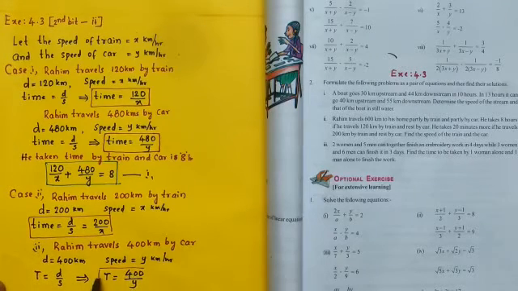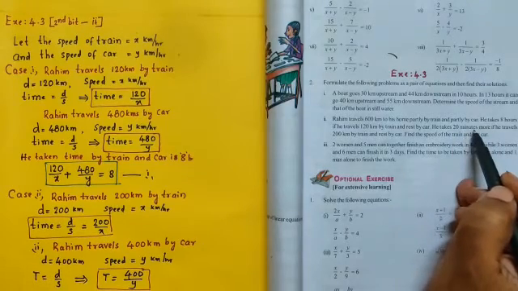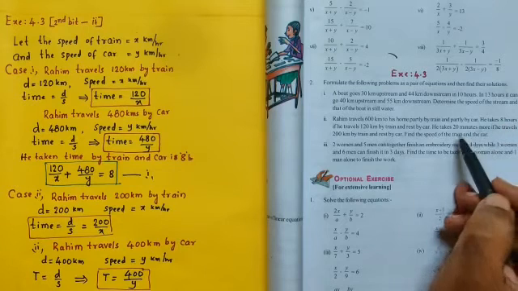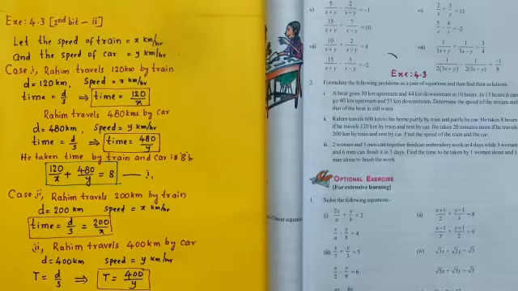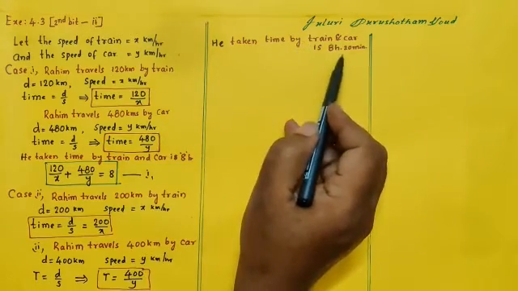Like in case 1, the total time taken for this journey is 20 minutes more than the previous time. The previous time is 8 hours, so he says 8 hours 20 minutes for this second case journey. Clear then? The time taken by train and car is 8 hours 20 minutes.